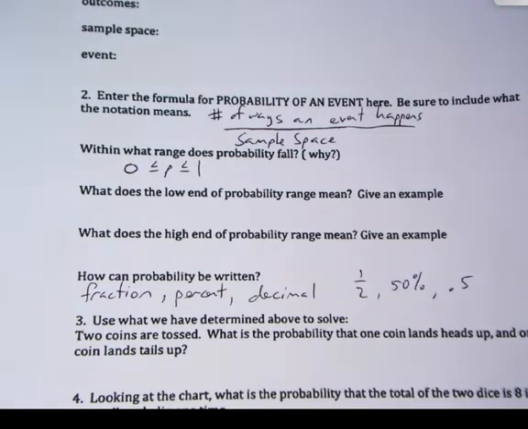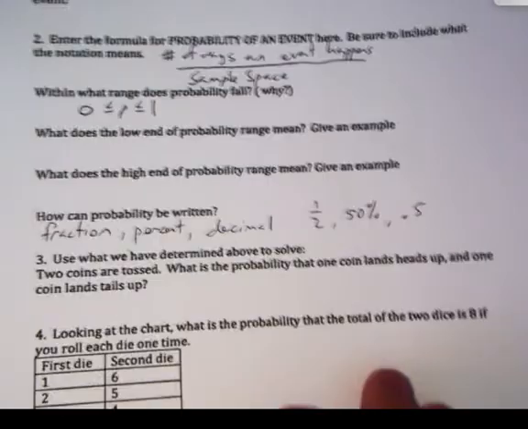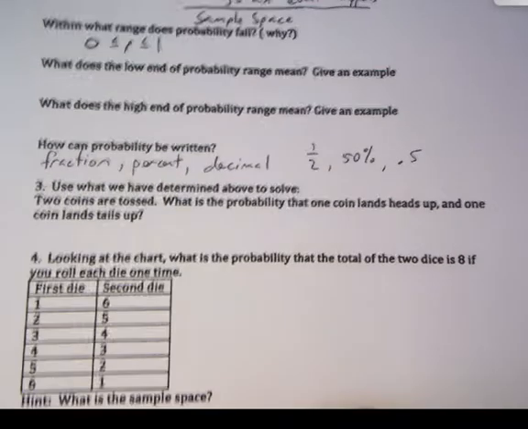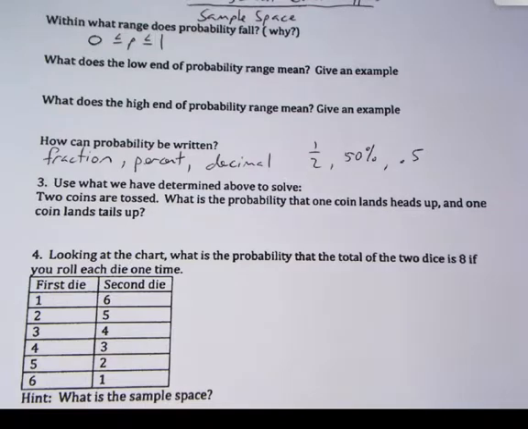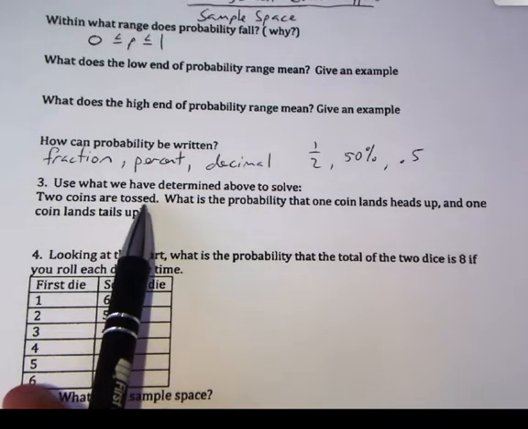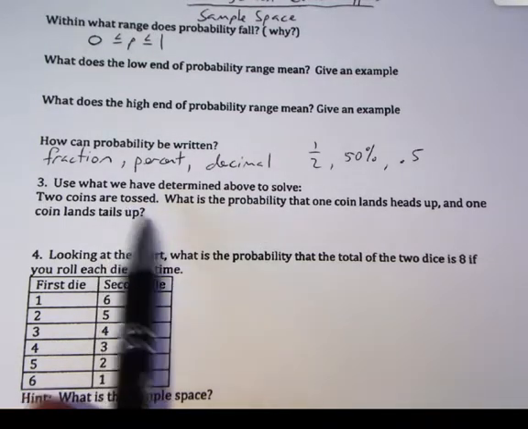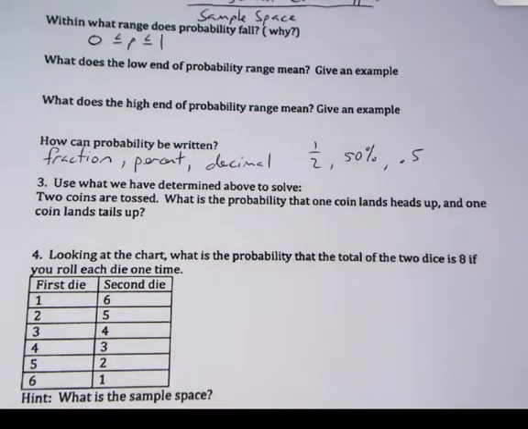Okay, let's dive into some problems and some examples, and let's kind of see what you know. I might have you try a couple of these on your own just to see how good you are with this stuff already. So it says 2 coins are tossed. 2 coins are tossed, right? You're going to flip one coin, you're going to flip another coin. What is the probability that one coin lands heads up and one coin lands tails up?